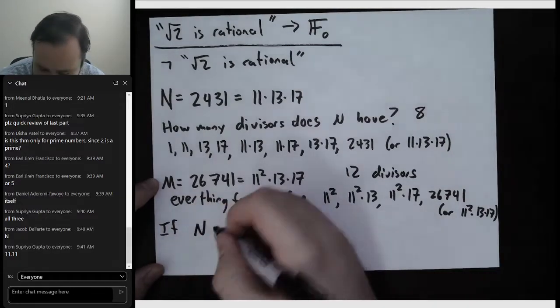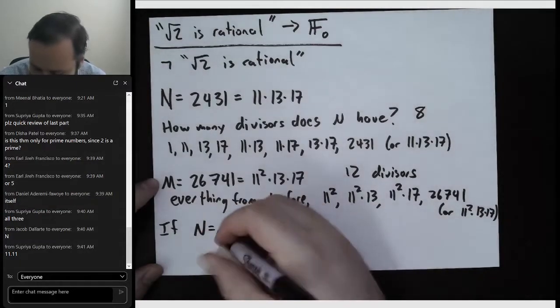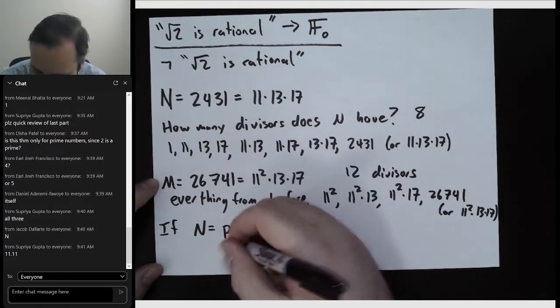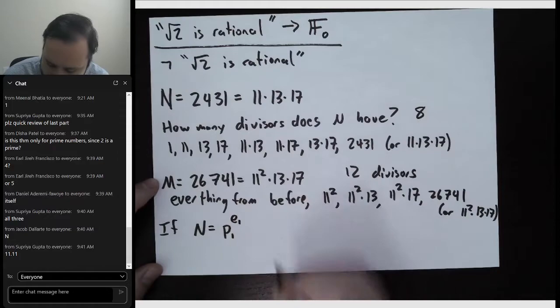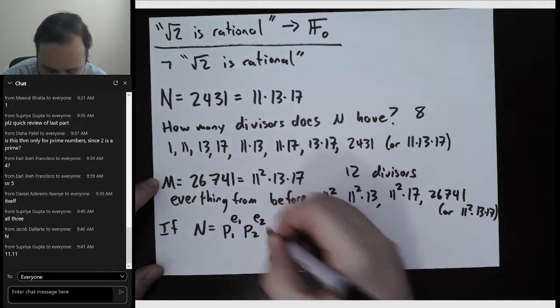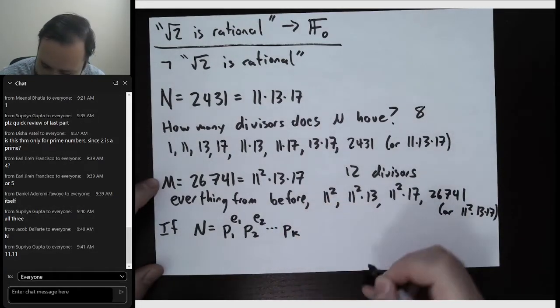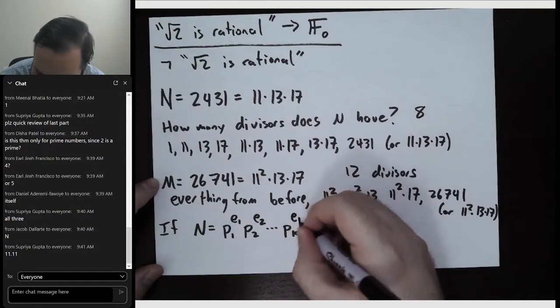My fundamental theorem of arithmetic says that my prime factorization for capital N is prime 1 to the power e1 times prime 2 to the power e2 all the way up to prime k to the power ek.